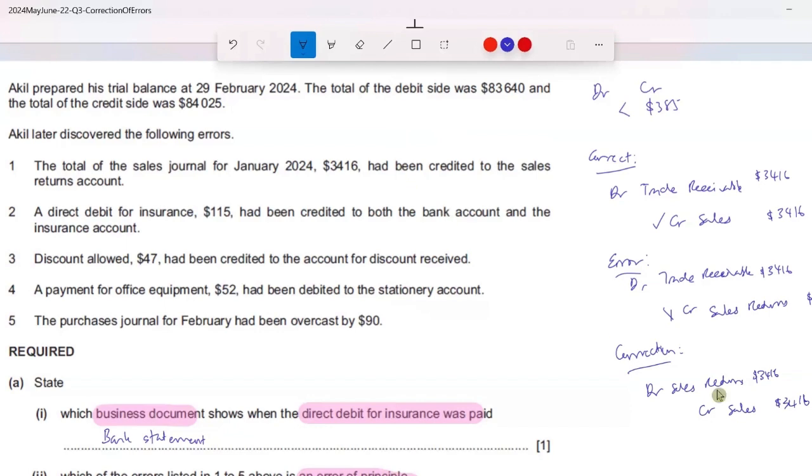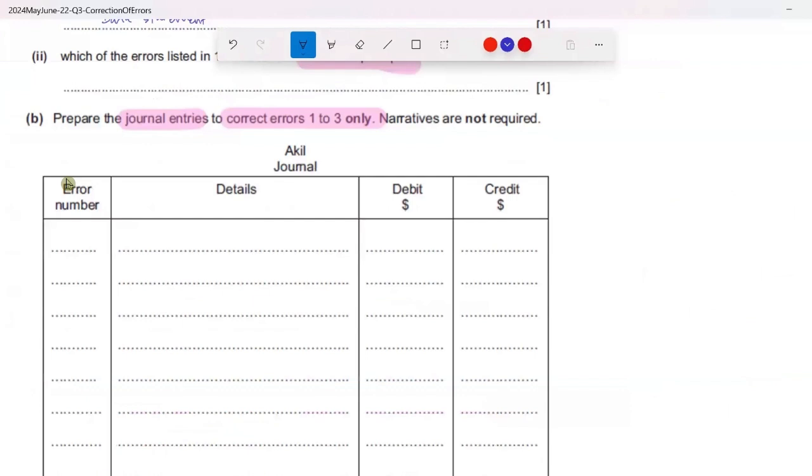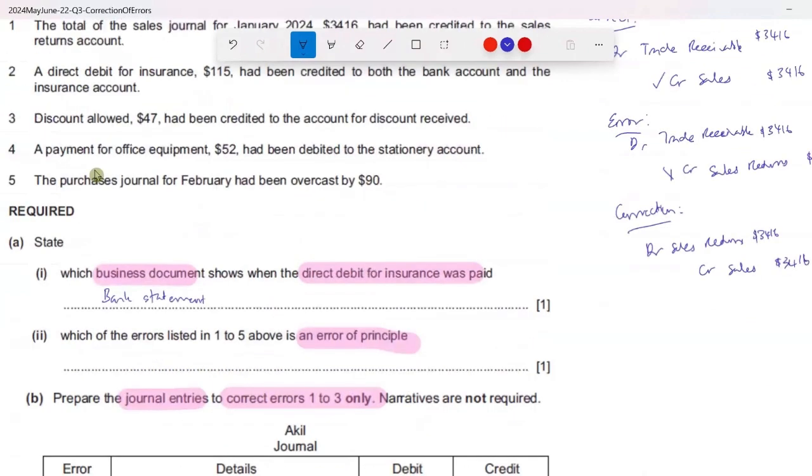So this is the correction entry. We'll drop this answer into the journal. For error number 1, we'll debit sales returns to reverse the error 3,416, and we'll credit the sales account to bring into effect the actual transaction.